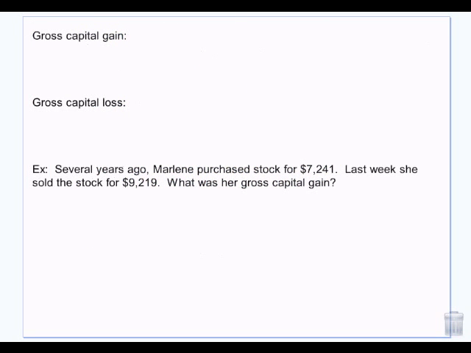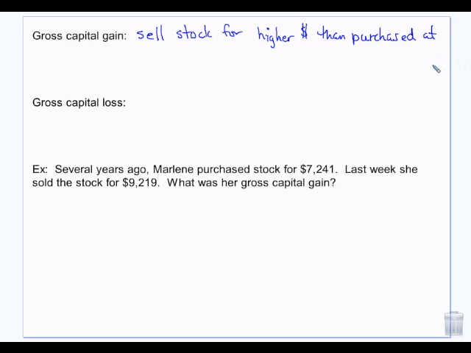So now we have gross capital gain. You have a gross capital gain if you sell the stock for more than you bought it for. Sell stock for higher dollar amount than purchased at.